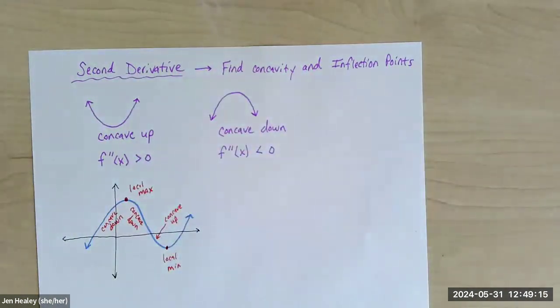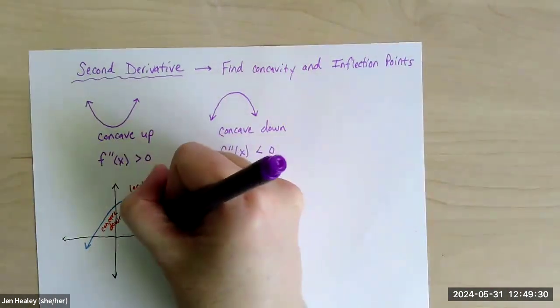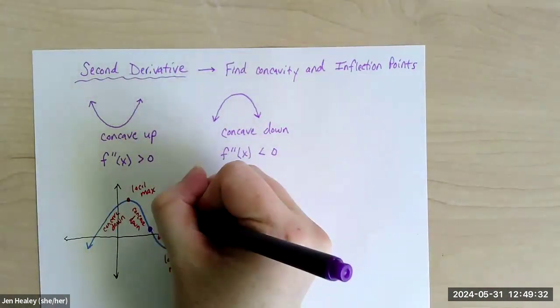So there's a point somewhere between where we're concave down here, and concave up here, there's a point right in here where it switches, and that's called an inflection point. Figuring out exactly where that is requires calculus.